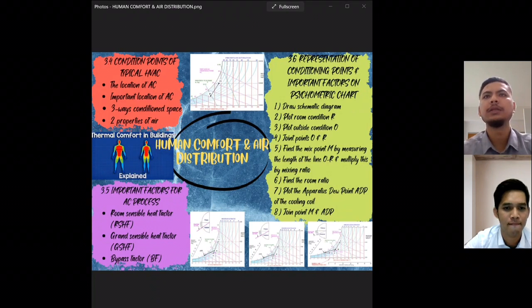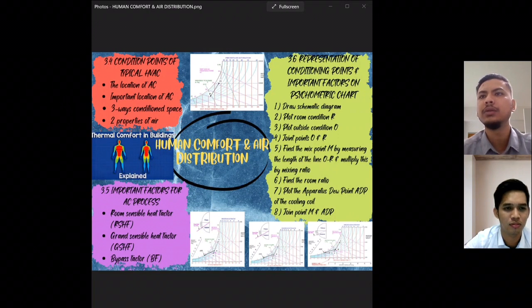For the next one, you must find the mix point M by measuring the length of the line OR that you have plotted on the psychrometric chart and multiplying this by the mixing ratio. Then you must find the room ratio, which is the sensible to total heat gain ratio. For example, 10.8 kilowatt sensible plus 7.2 kilowatt latent is 18 kilowatt total.